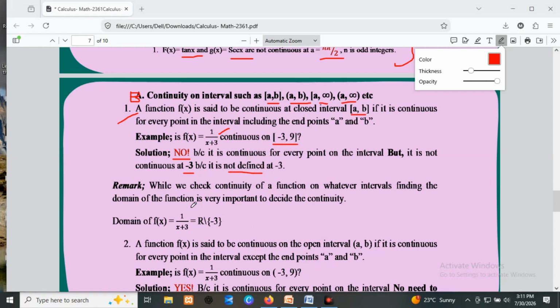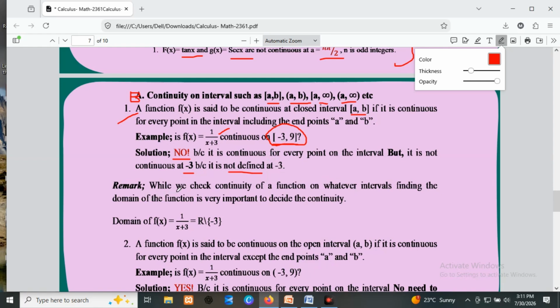If you evaluate at minus 3, then 1 over minus 3 plus 3 is 1 over 0, which is not defined, as we saw last week. But it works for every point except minus 3. That's why we are going to check it at minus 3. It violates the rule, so it is not continuous.